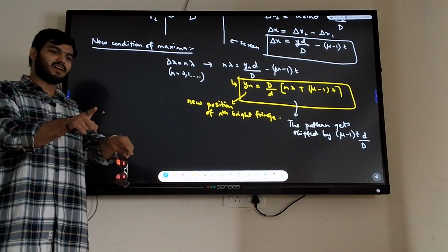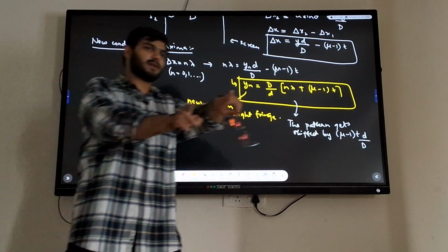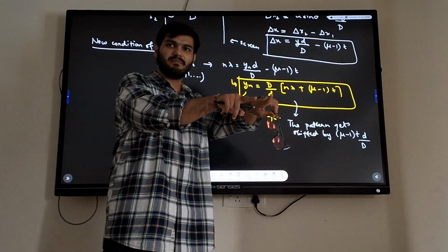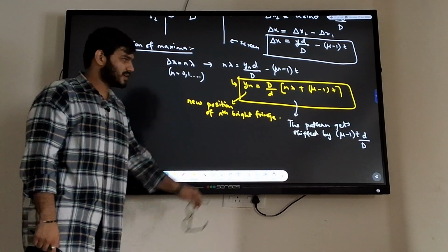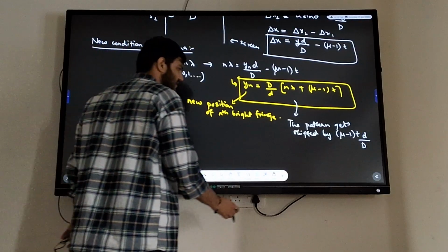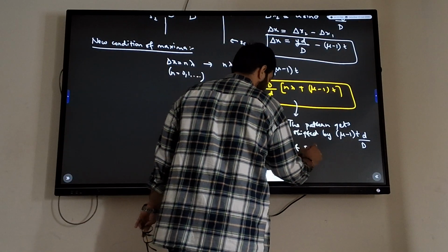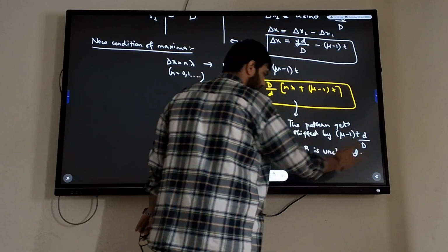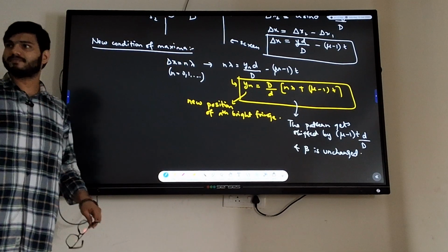Because the first bright fringe and the second bright fringe are getting shifted by the same amount. So the distance between them is going to be the same. You can even check it yourself if you want. You can find the beta. That beta is unchanged.